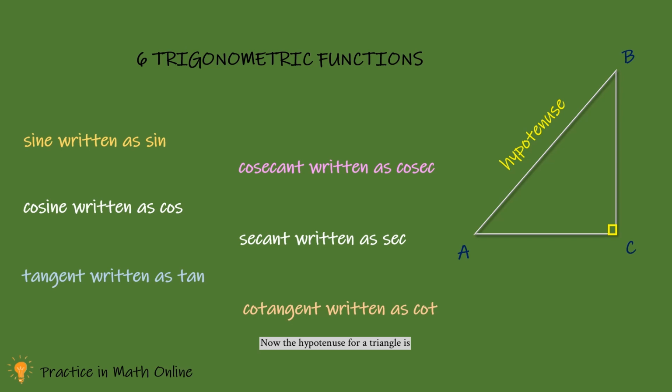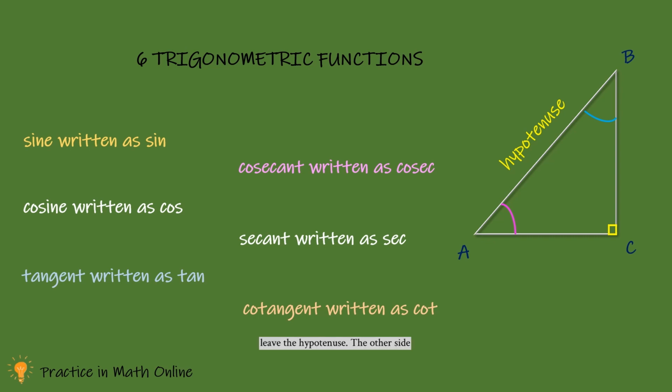Now, the hypotenuse for a triangle is already fixed as the longest side of the triangle. Also, it is the side in front of the right angle. Depending on whether we are using angle A or angle B, we decide the base and the height for that triangle. Let's say we are taking angle A. Then there are two sides attached to angle A. One of them is the hypotenuse and the other is the side AC.